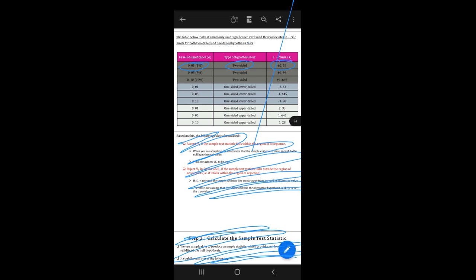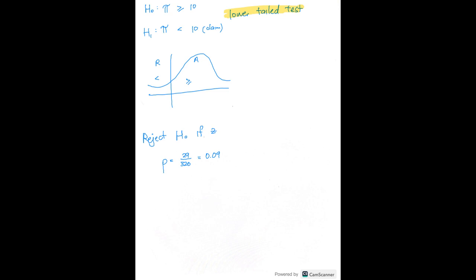Here's lower tailed at the bottom here. 10% lower tailed, your value is minus 1.28. As long as it is a lower tail test, it'll always be a negative value as your critical limit. So minus 1.28 then goes in here and here. You'll say reject the null hypothesis if the Z value is less than minus 1.28. So now you're done with your region of acceptance.